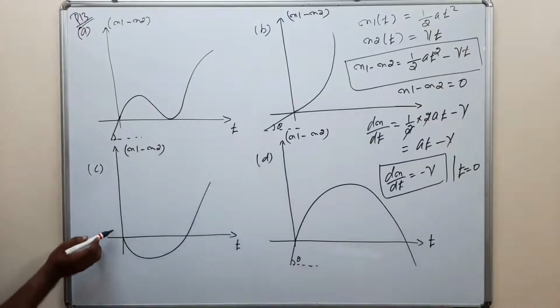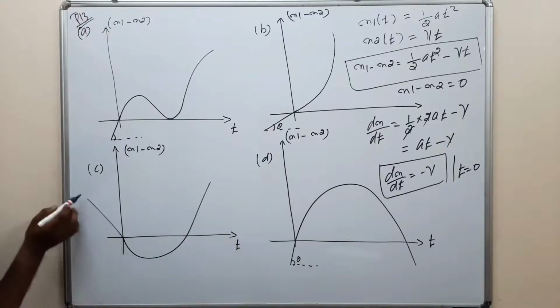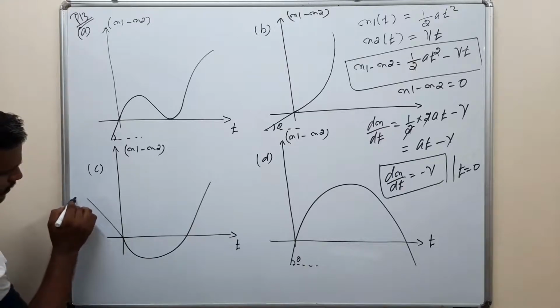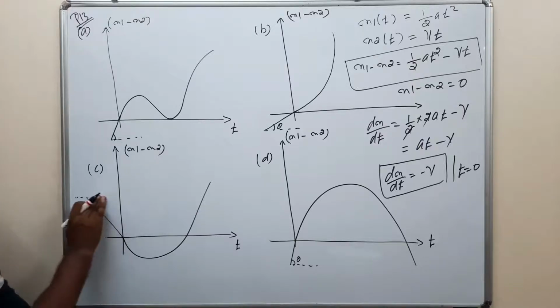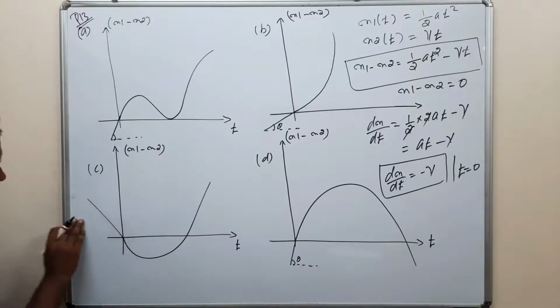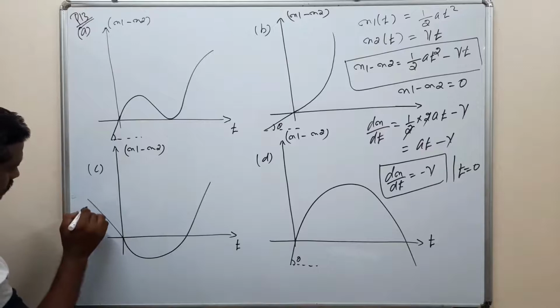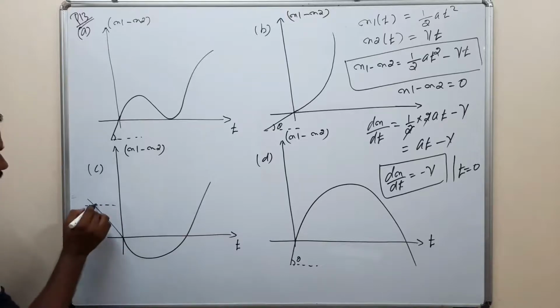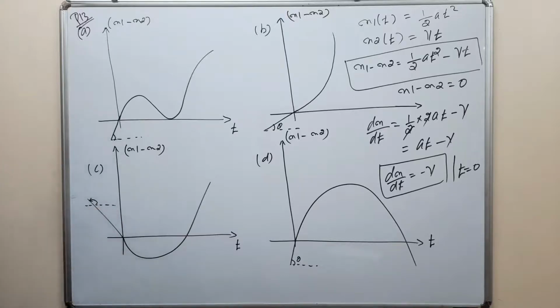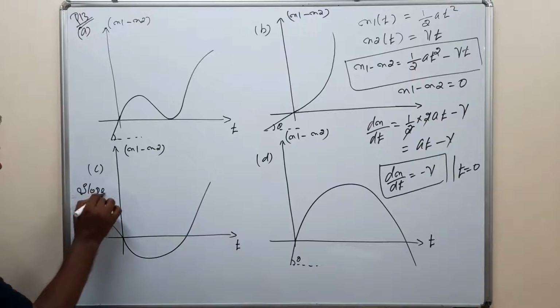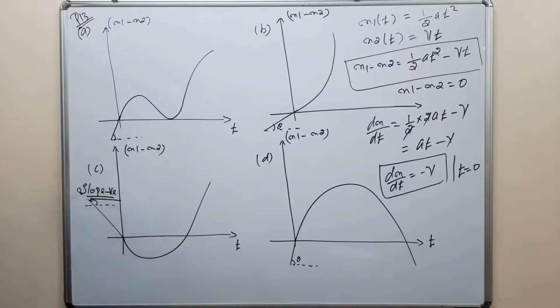At the time t is equal to 0, like this, here the slope is greater than 90 degrees. So here the slope is negative.